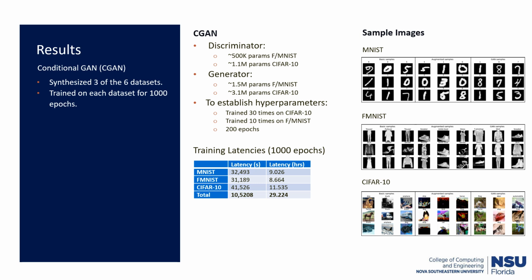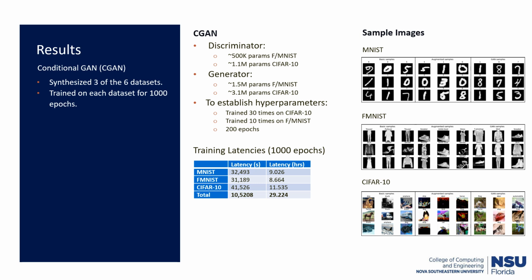Now, in terms of the GAN, the first thing we had to do was to create the GAN and train it on the various datasets. What we see here is the MNIST dataset. On the far left are the unperturbed samples. The middle one is the augmented samples using RandAugment.